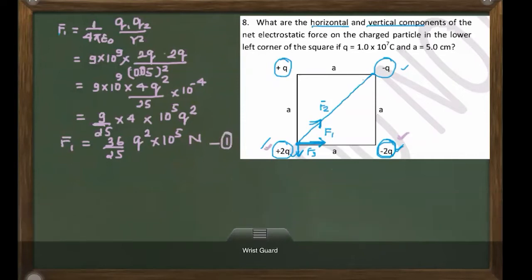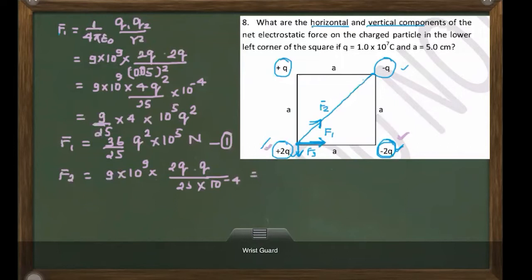Now, when we calculate the force value F2, we have to write 9 into 10 raised to power 9 into plus 2Q means 2Q and minus Q means Q, because we do not have to take plus and minus into account, divided by R square, which is 25 into 10 raised to power minus 4.